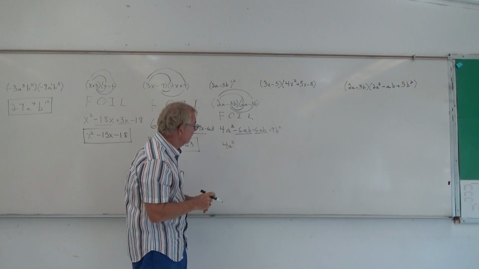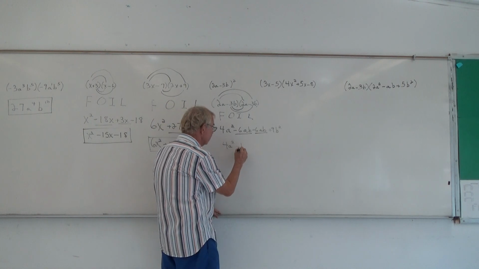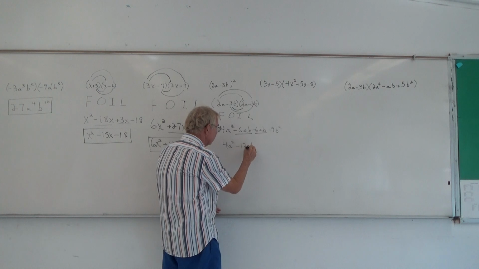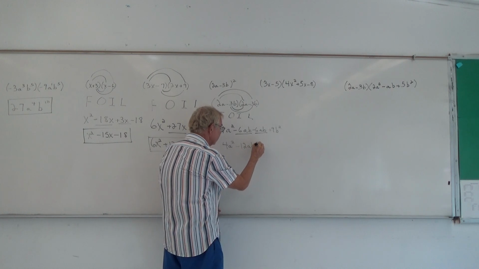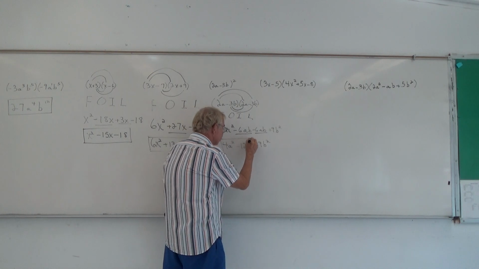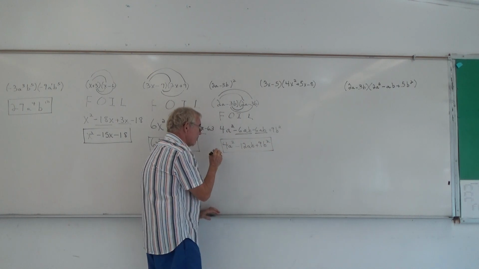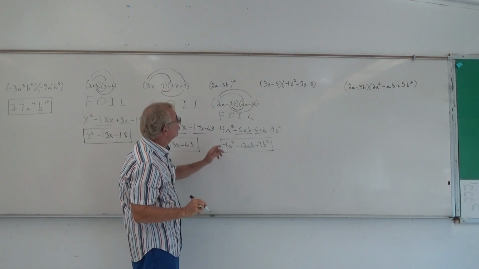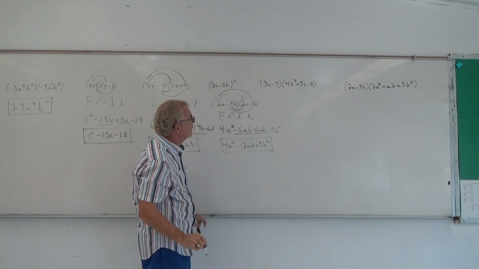Well, in debt would be the minus 12AB. So the key to this problem, I feel, is for you to write that out twice.